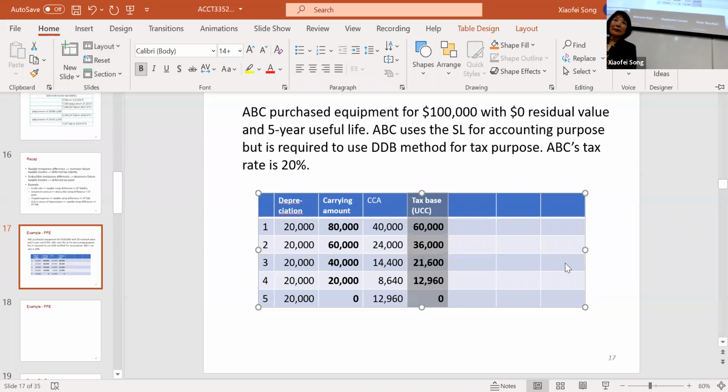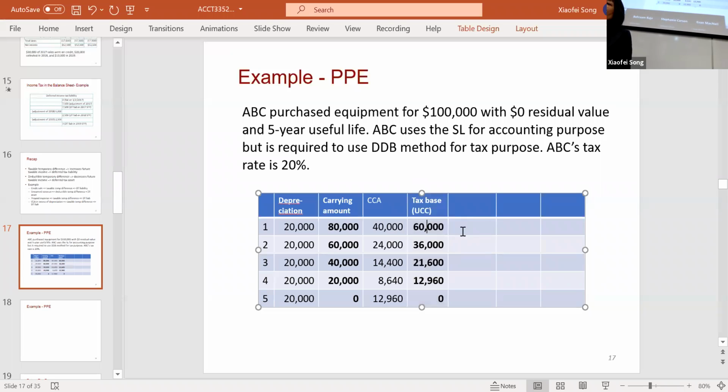Why is it called a tax base? Because at the end of the year, these are the amounts yet to be deducted in the future. This provides the base of what you can deduct in the future. Now, this happens to be a deductible amount, but if it's a taxable amount, this will be the base to pay tax on in the future. So this is called the tax base, and this is called the carrying amount.